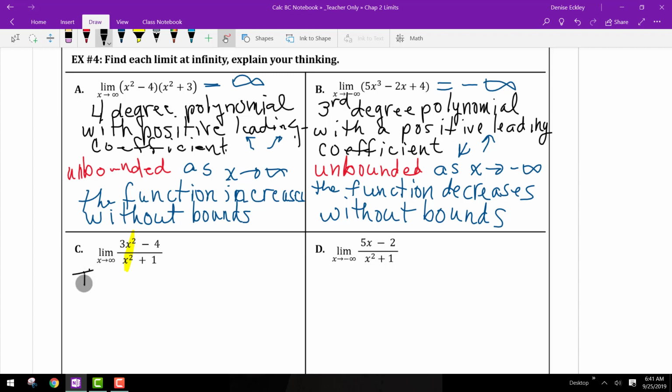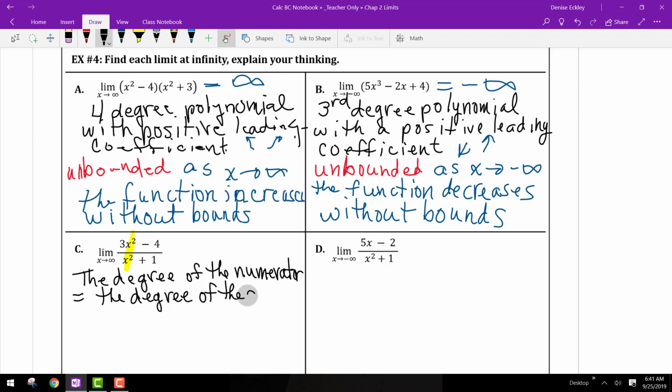The degree of the numerator equals the degree of the denominator, so there's a horizontal asymptote, and it's the ratio of the leading coefficients.